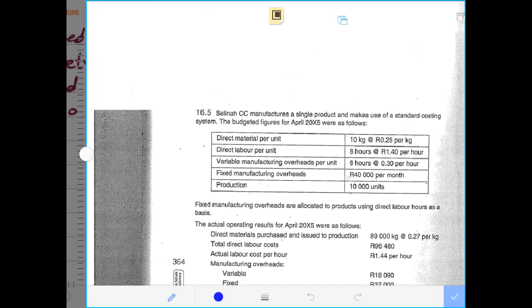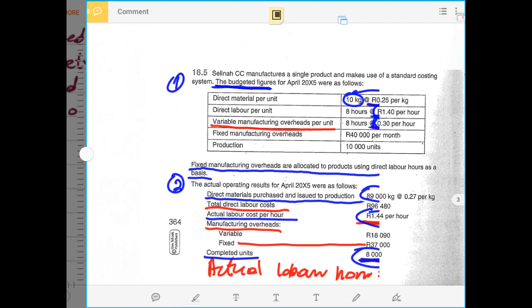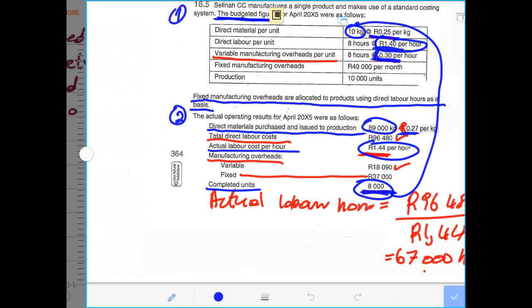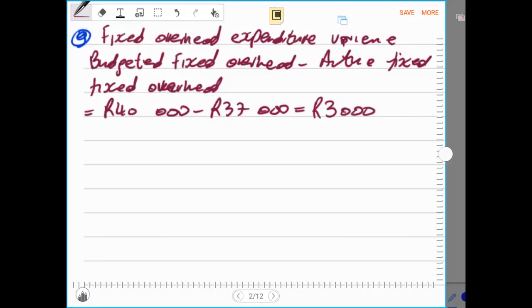We had our budget of 40,000, we over budgeted, and our actual was 37,000. There was a variance that was favorable, which was 3,000 rands. So that is once again a favorable variance.